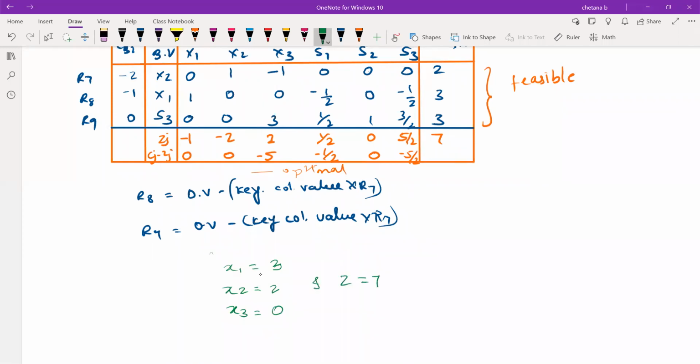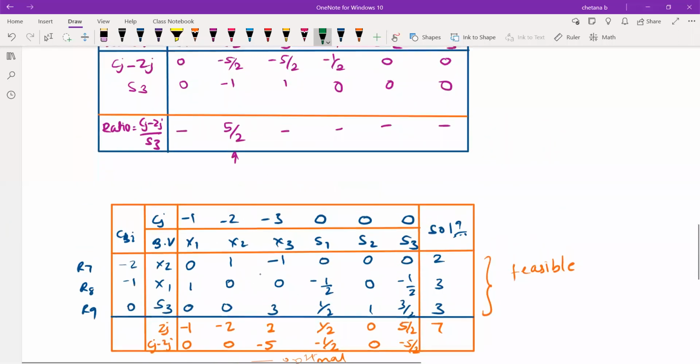Okay, so this is the answer. You can just consider these in the z equation and see whether you're getting 7 or not. So this is about the dual simplex.